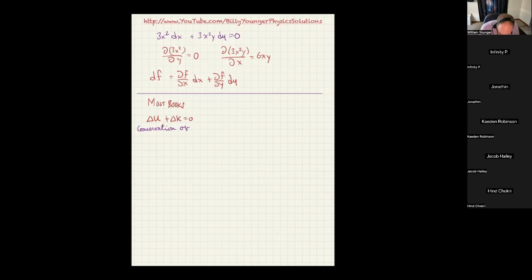Actually, it's conservation of mechanical energy. But this is only for conservative forces. So if we have a dissipative force like a friction force, air resistance, or something like that, you can't use it. There's other ways where you could try to employ it, but it's not that easy.